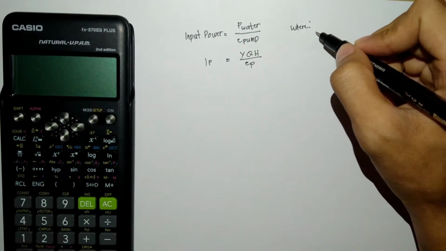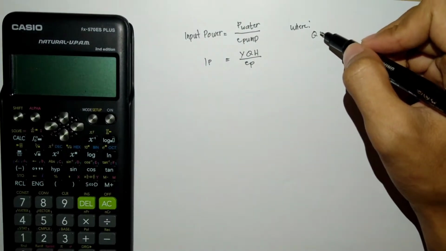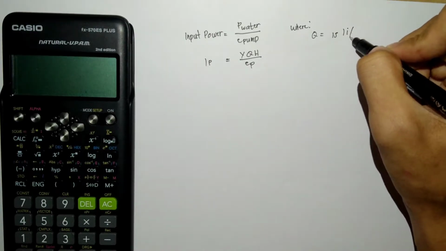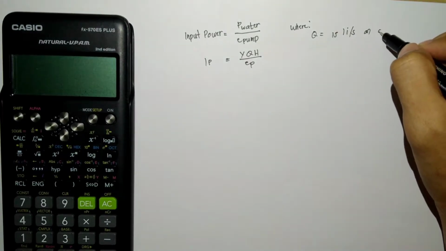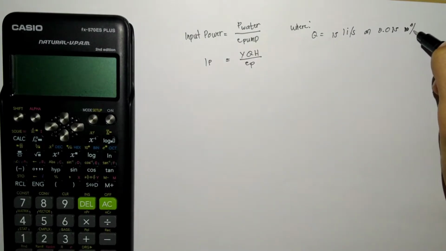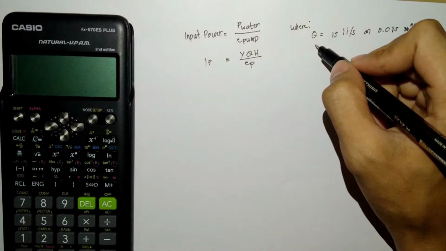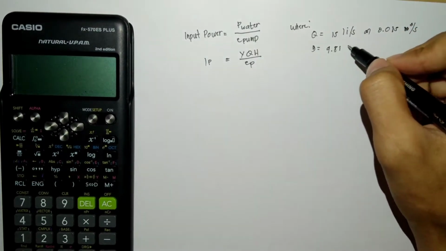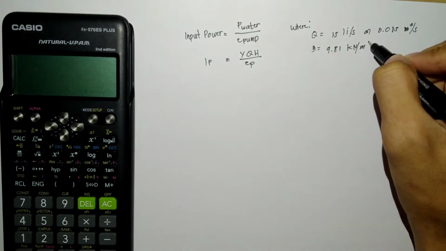Where volume flow rate is equal to 15 liters per second or 0.015 meter cubed per second, and the specific weight is equal to 9.81 kilonewton per meter cubed.